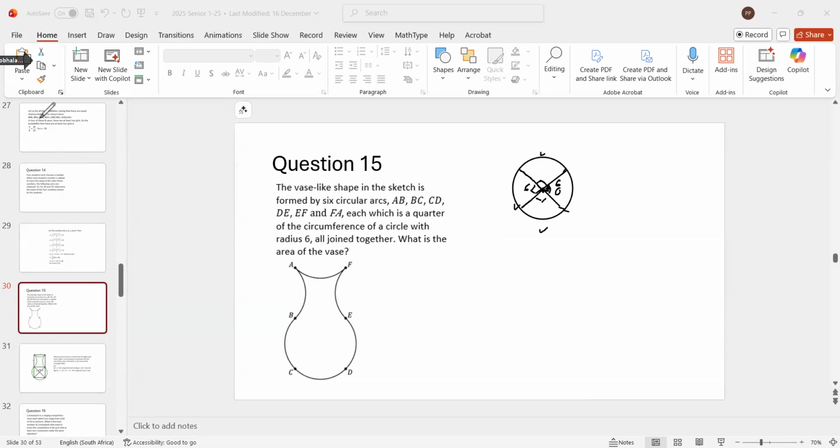What I'm going to do here to find the area is to join A, B, and C. Sorry, the pen is really messing me up. And join F, E, and D. And then I'll join this as well.